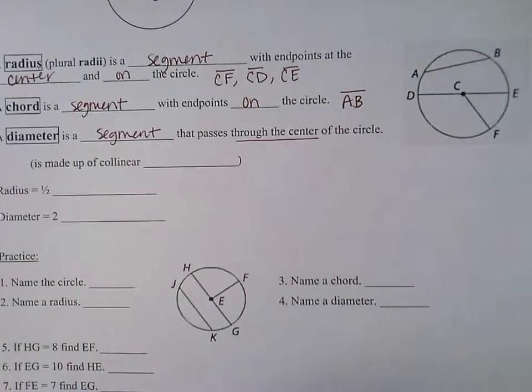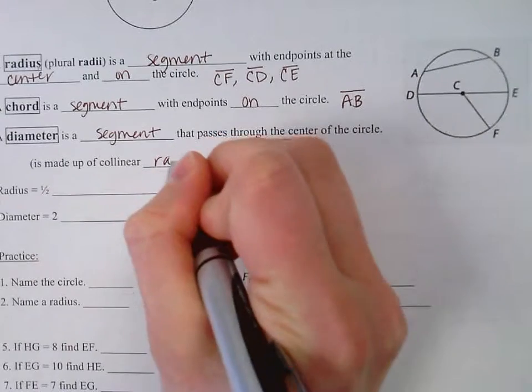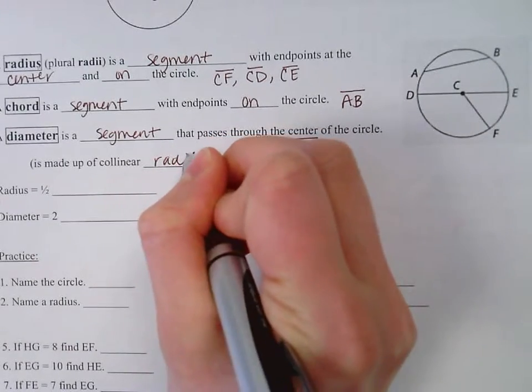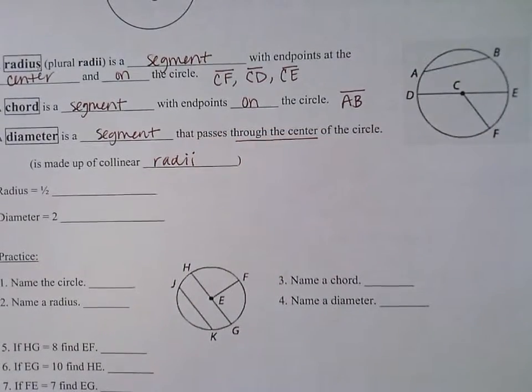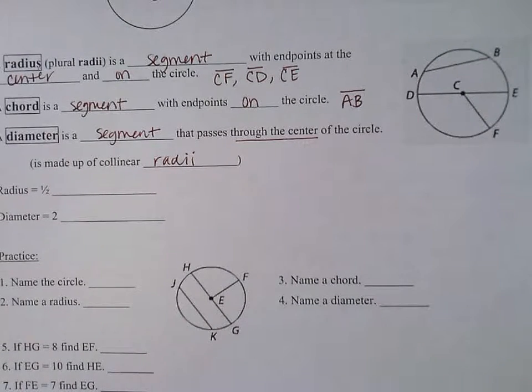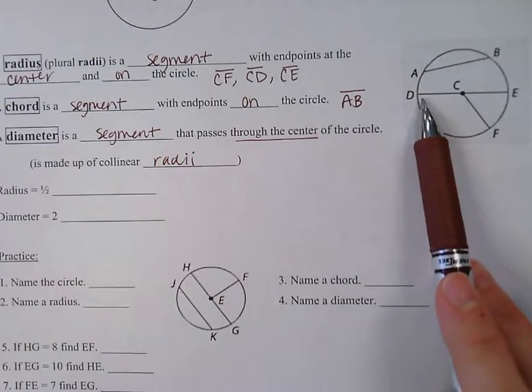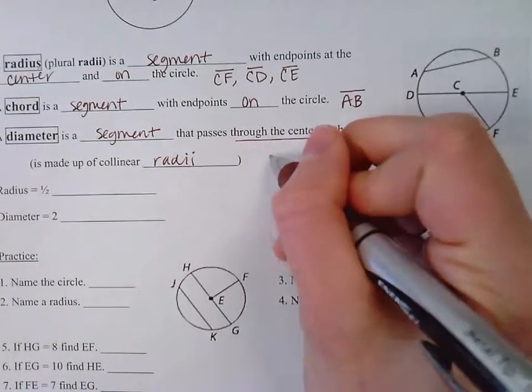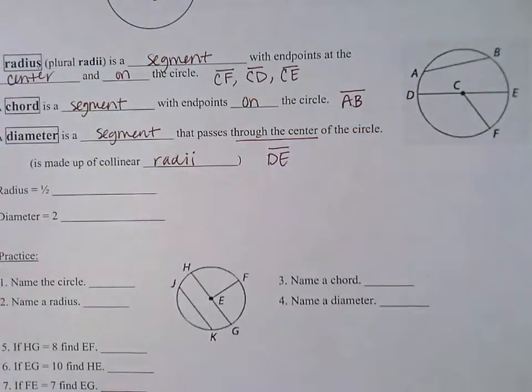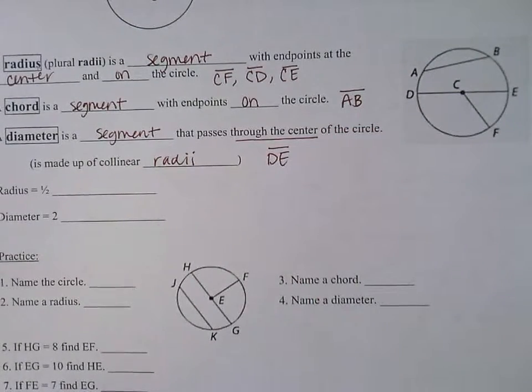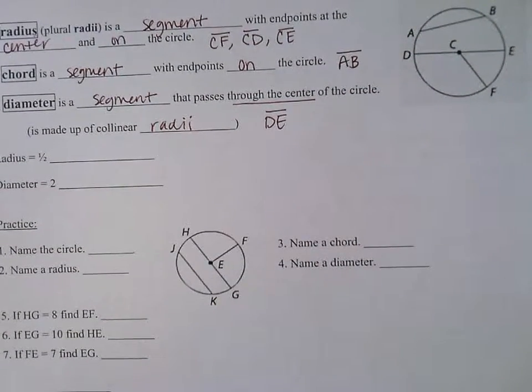It is made up of collinear radii, so made up of two radii. Collinear just means they're on the same line. The diameter of this circle, the only one drawn in, is DE or ED, however you want to name that. Both endpoints are on the circle and it has to go through the center.